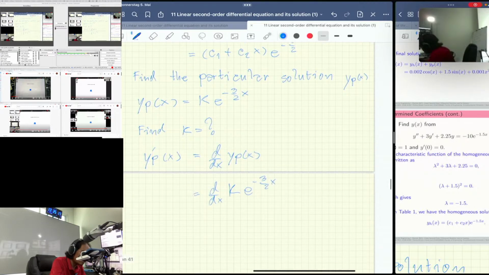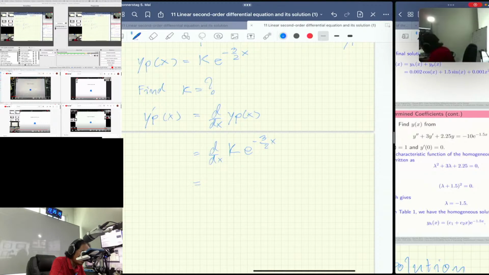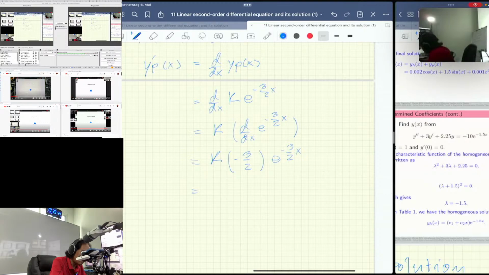K remains in front, and we have d/dx of exponential -3/2x, which gives -3/2 in exponential -3/2x. Finally you get -3/2 K exponential -3/2x, right?